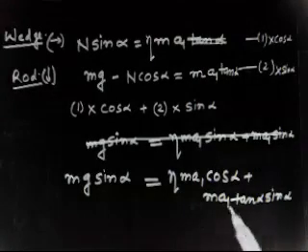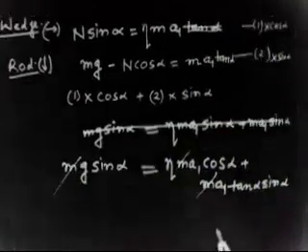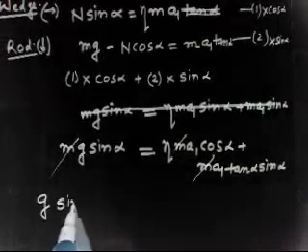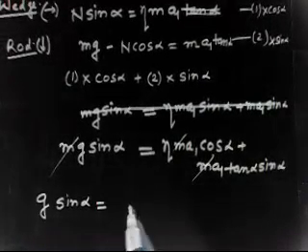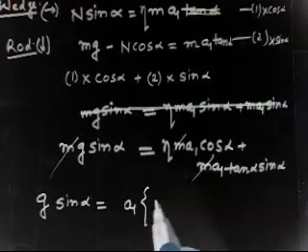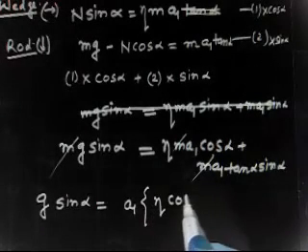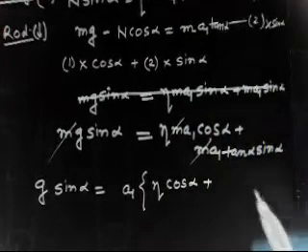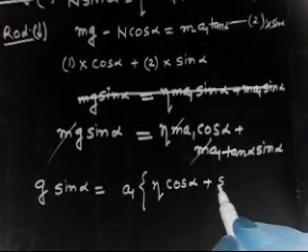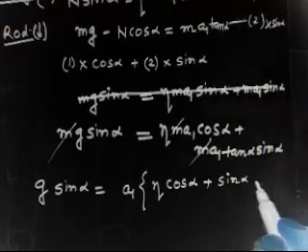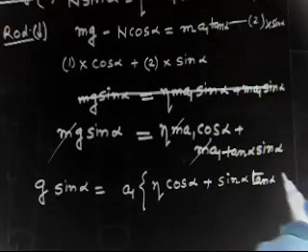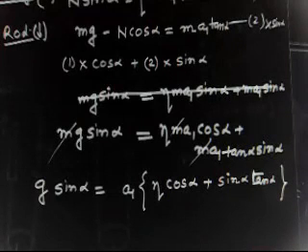Now this m goes, so this is g. So g sin alpha is equal to, I can take a1 common, so you will have eta cos alpha plus sin alpha tan alpha. Are you getting?